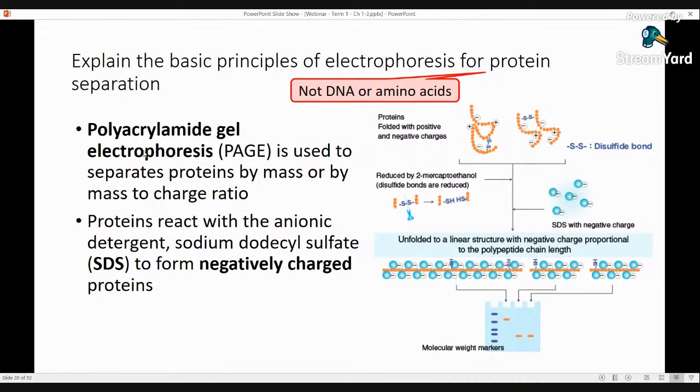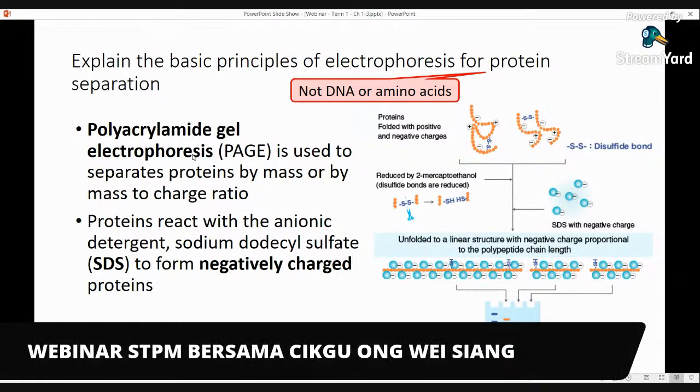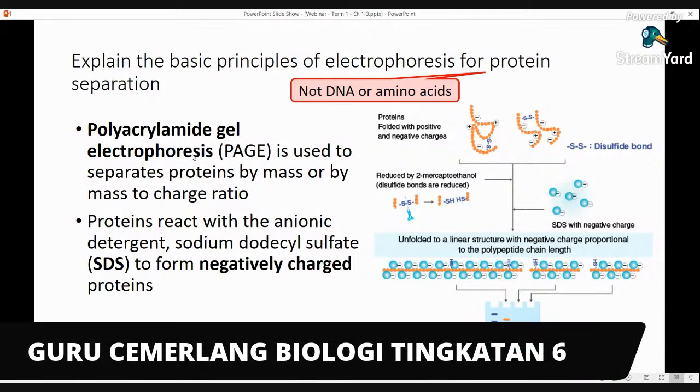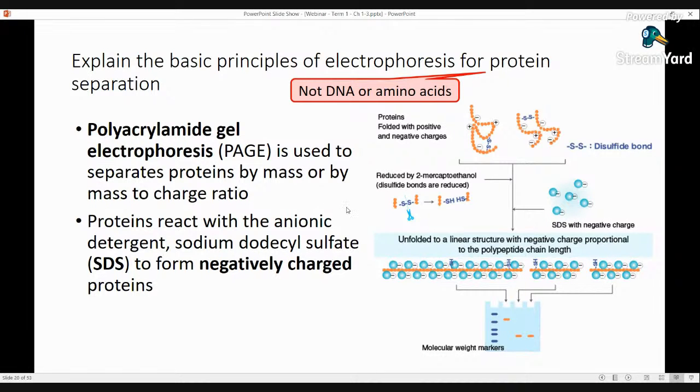Polyacrylamide gel has a smaller pore size compared to agarose gel, so PAGE is suitable to be used to separate protein. First, see the protein here.